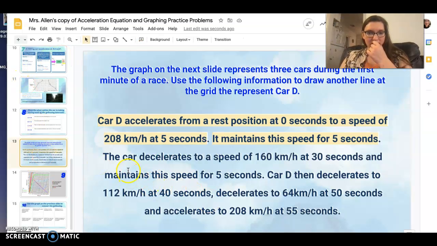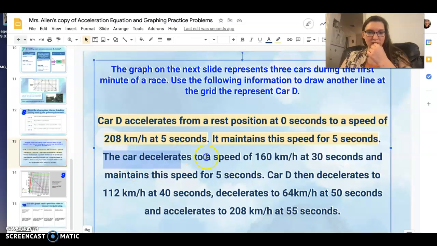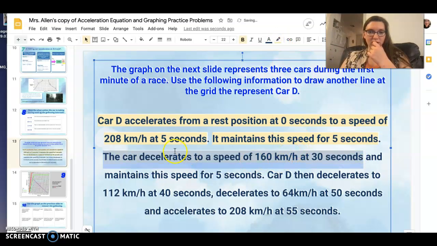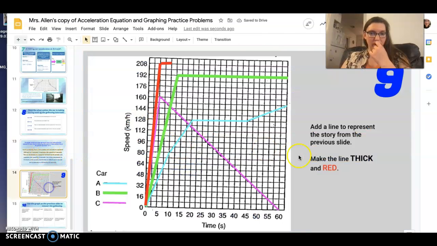Then the car decelerates to a speed of 160 kilometers per hour at 30 seconds. So at 30 seconds, the car is going 160 kilometers per hour, from 10 until 30 seconds.